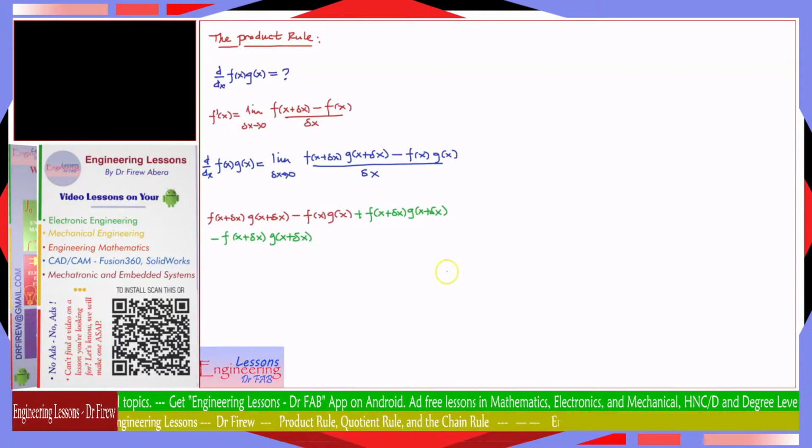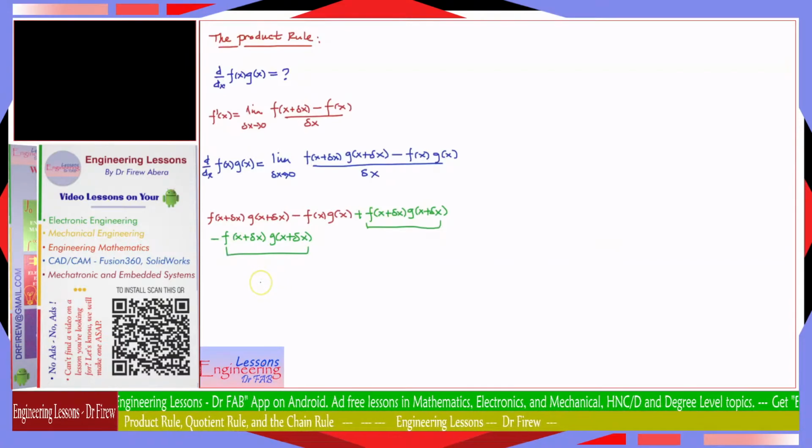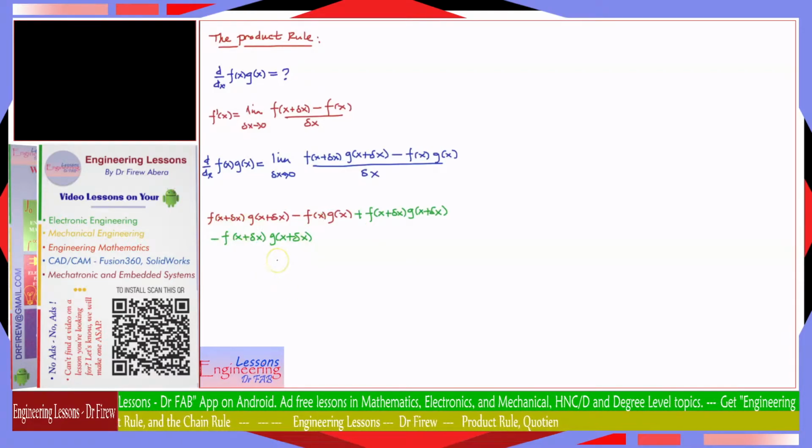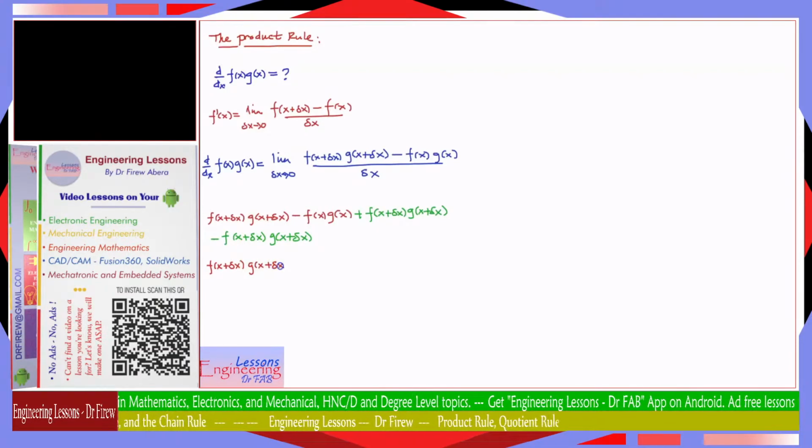Okay, so what we did is we added some expression and subtracted the same expression, so without changing the meaning of the original expression. Now rewrite this in such a way: f of x plus sigma x times g of x plus sigma x.